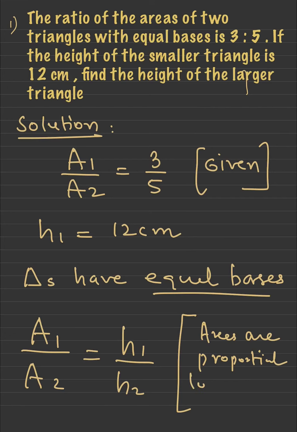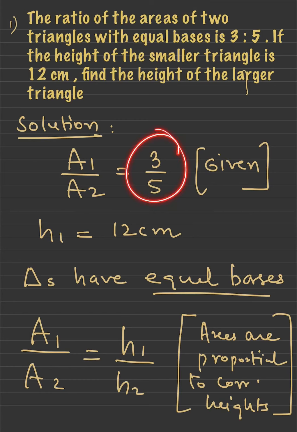So areas are proportional to their corresponding heights. Now we substitute the values here. So instead of a1 and a2, I can write 3 upon 5, right? And instead of h1, I can substitute 12 centimeters. So instead of a1, a2, write 3 by 5, and instead of h1, write 12 centimeters and solve the sum.